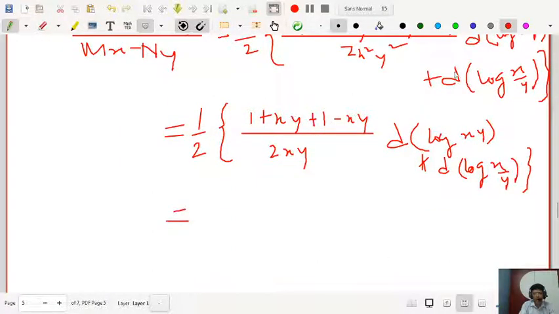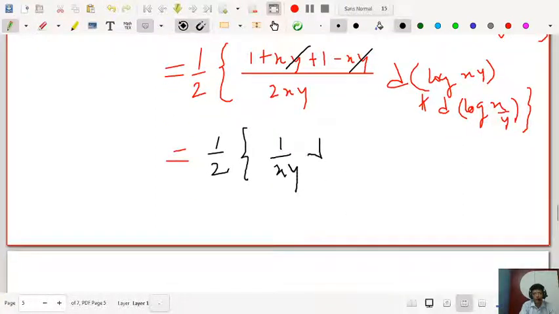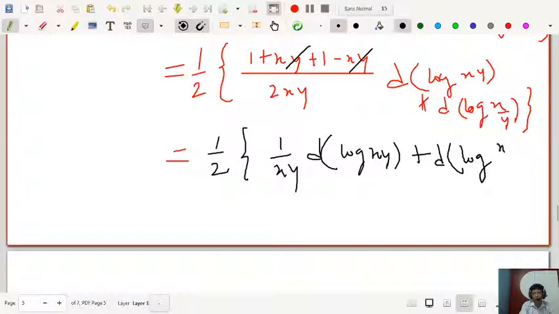And if you reduce, this xy will get cancelled. So you have half 1 by xy d of log xy plus d of log x by y. This is the result. Now we can integrate this.